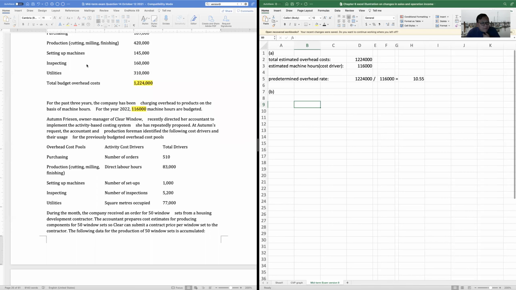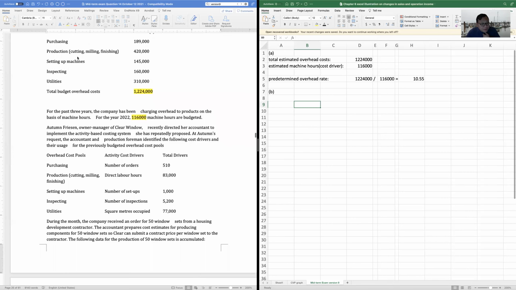So remember, there are 5 cost pools, and now they told us the level of the activity, right? For example, the budgeted purchasing cost is 189,000, and the number of orders is considered the cost driver for this cost pool, and that is estimated to be 510. And so on. You can see that they provided the level of the cost drivers for each cost pool.